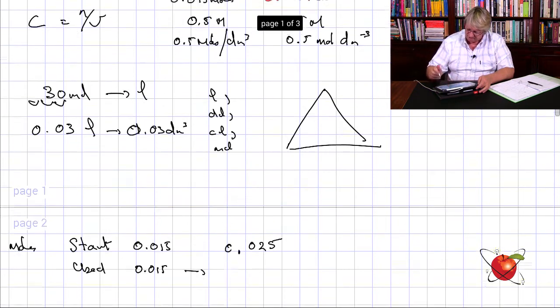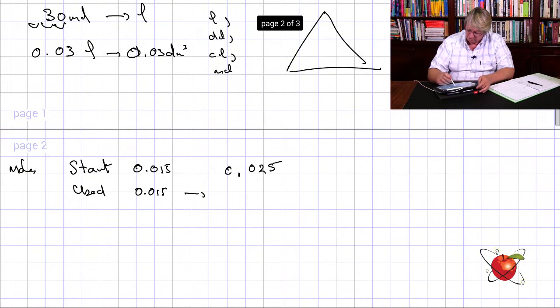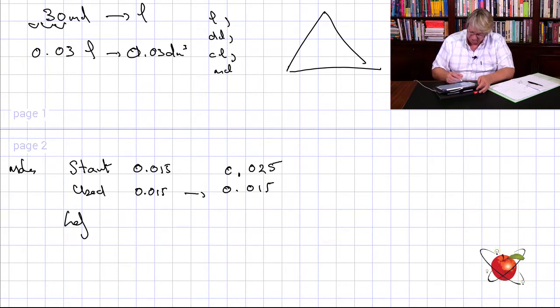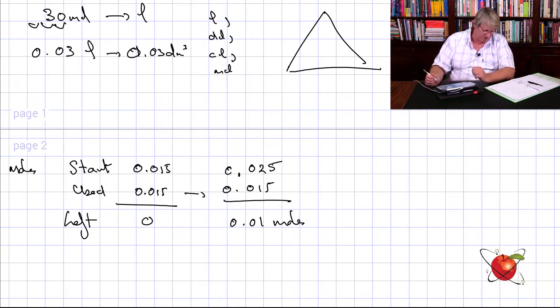That is this figure right over here. It's that figure over there. So now let's go further. Therefore, we neutralized 0.015, left over here 0.01 moles. Right? Now, so there's 0.01 moles left of the NaOH. That is what is left over in there.